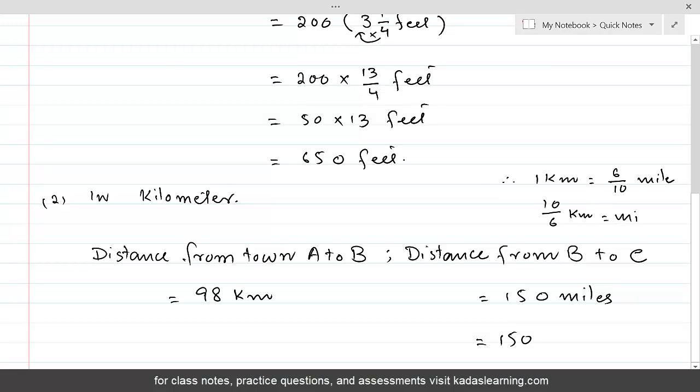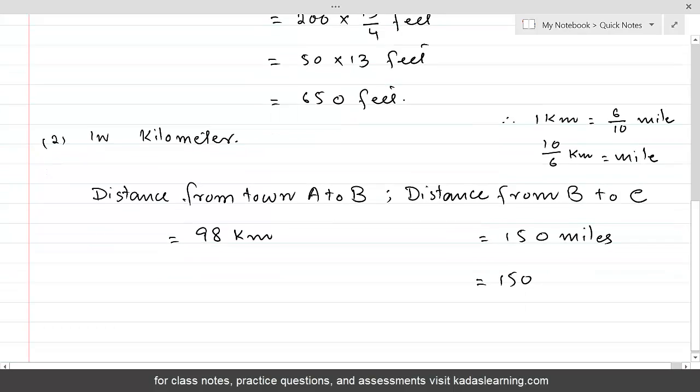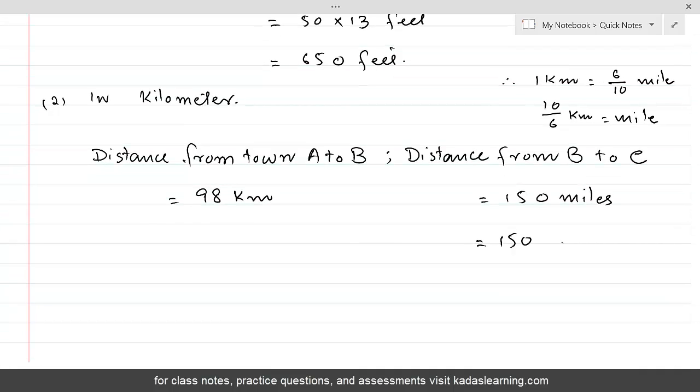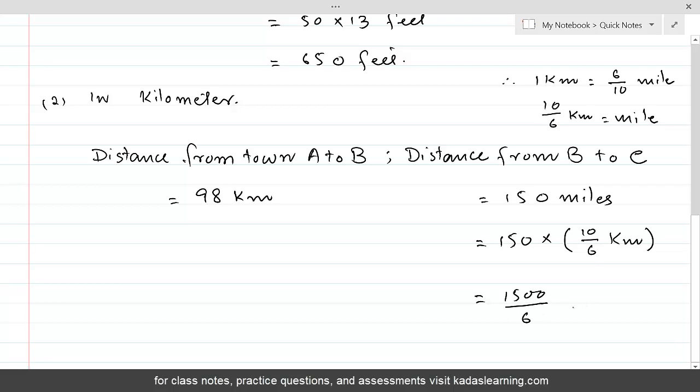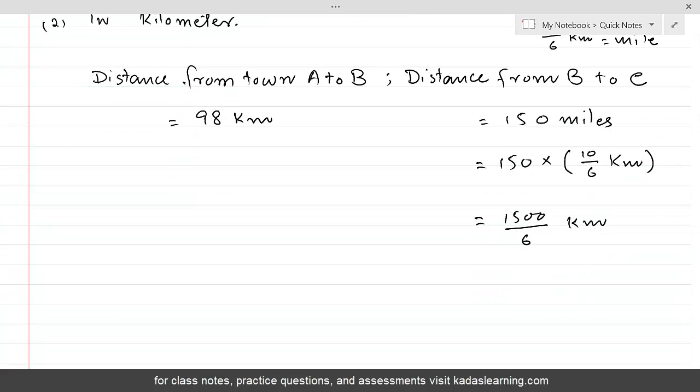So this is a trick that we need to remember. Let's replace mile by its equivalent value in kilometers. So this will be 10 by 6 kilometers. And now 150 times 10 would be 1500 over 6 kilometers, and this is equal to 250 kilometers.